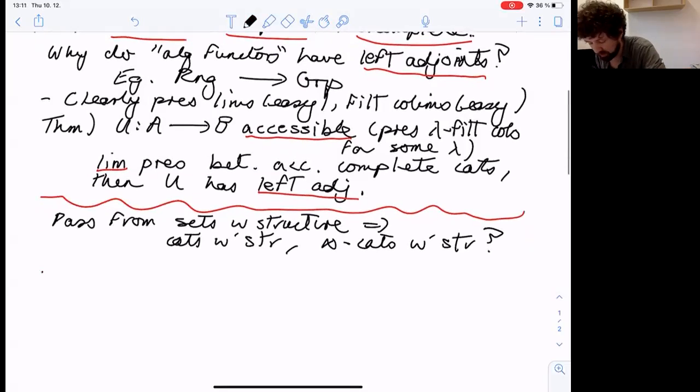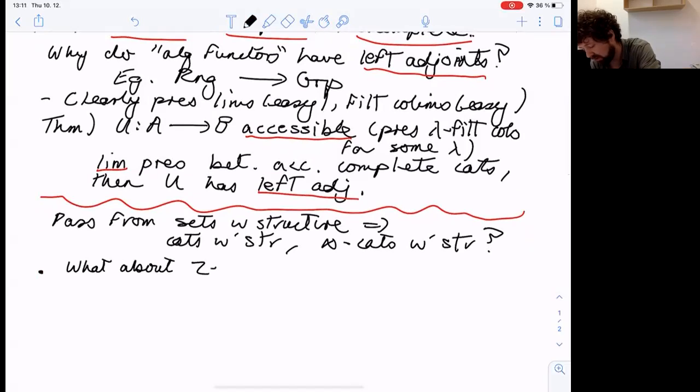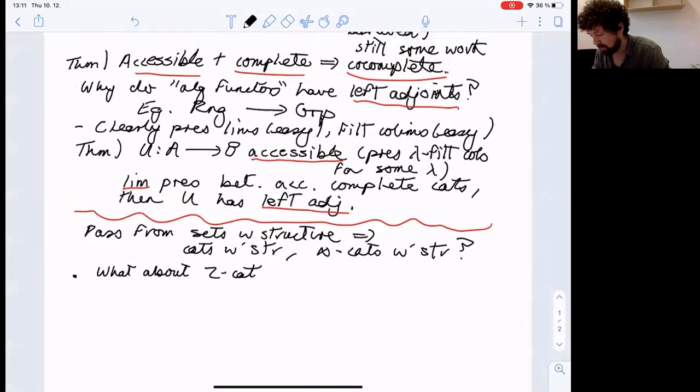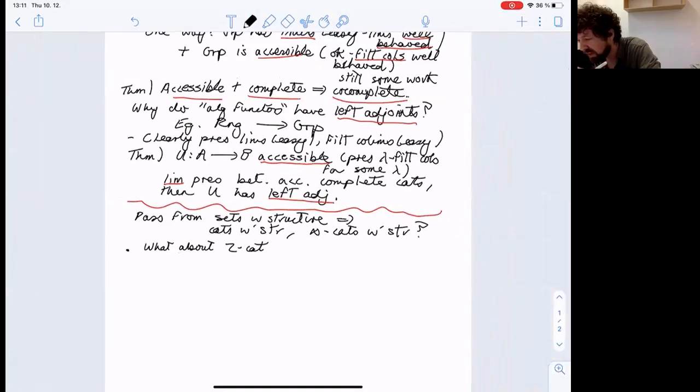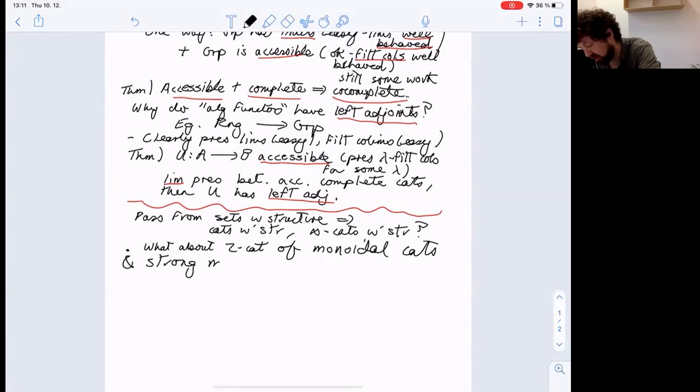For example, we might ask, what about the two-category of monoidal categories and strong monoidal functors, ones which preserve the structure up to isomorphism?